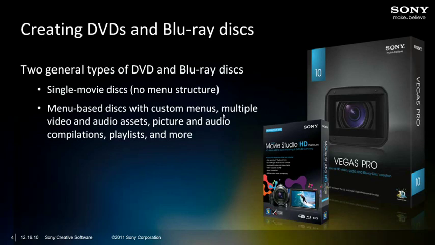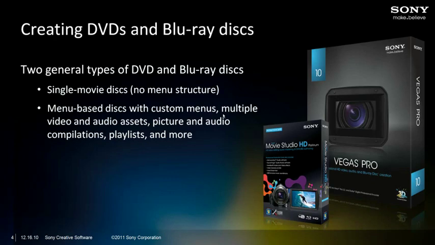Those are great if you need to make a quick DVD to send off to a client, or just to preview it on the player for yourself and see what it looks like, but you don't have the menu structure and so forth finished yet. You can just burn the single movie DVD or single movie Blu-ray disc right out of Vegas Pro and Vegas Movie Studio, as you'll see in a moment.